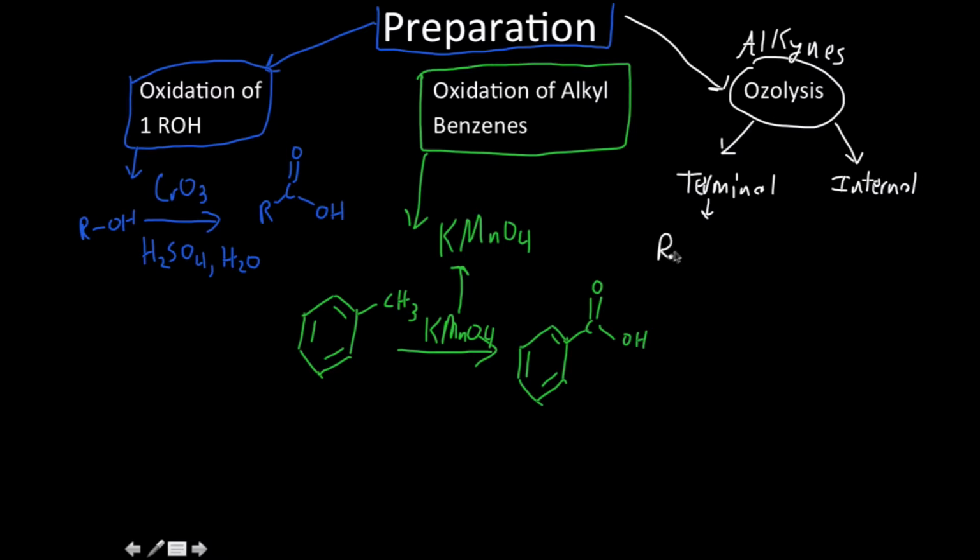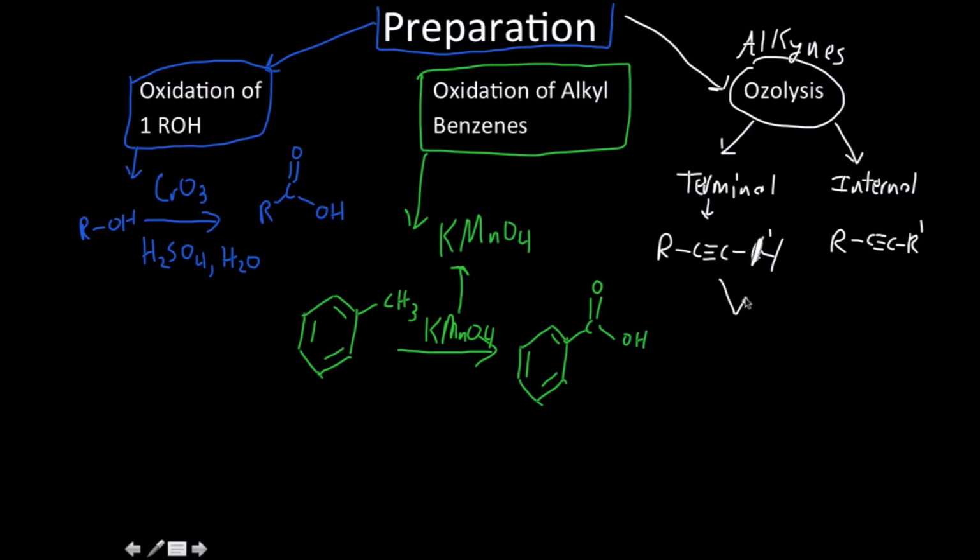Terminal alkynes have a generic structure like this, whereas internal ones have a structure that involves another R group there.